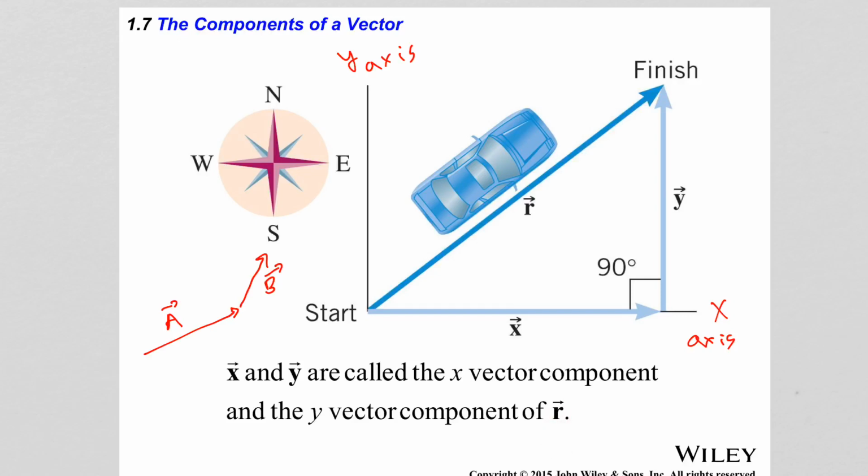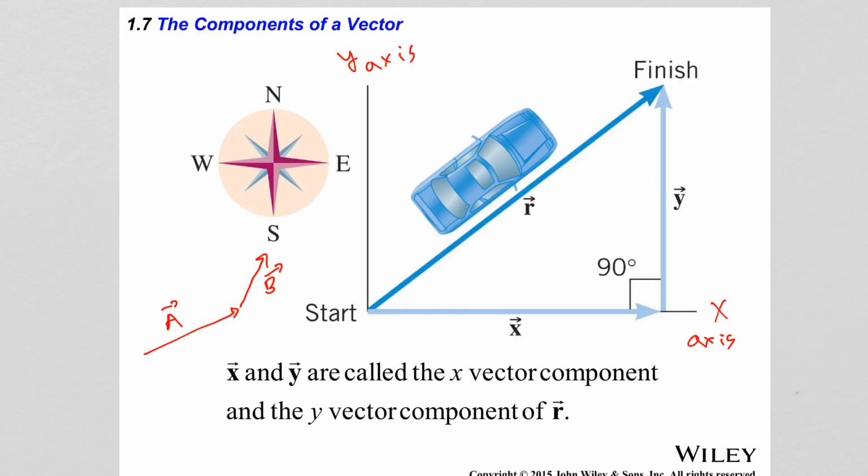So one more time, vector r, from the rules of addition, can be presented as the sum of two vectors, vector x along the x-axis and vector y along the y-axis. Vectors x and y form a 90-degree angle between them. Vector x is known as the x vector component, and vector y is known as the y vector component of r.